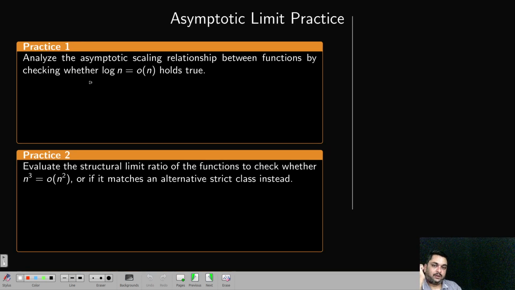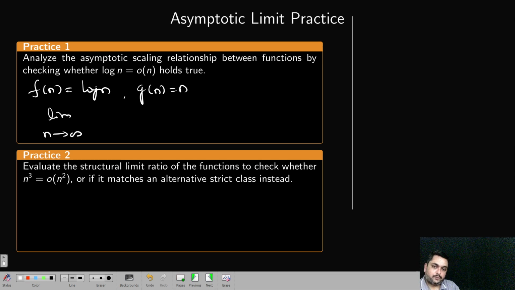Let us see some more examples, both on little o and little omega. Analyze the asymptotic scaling relation between functions by checking whether log n equals little o of n holds true. So f(n) is log n and g(n) is n. Apply the limit as n approaches infinity of f(n) divided by g(n). For little o, this limit should evaluate to 0.